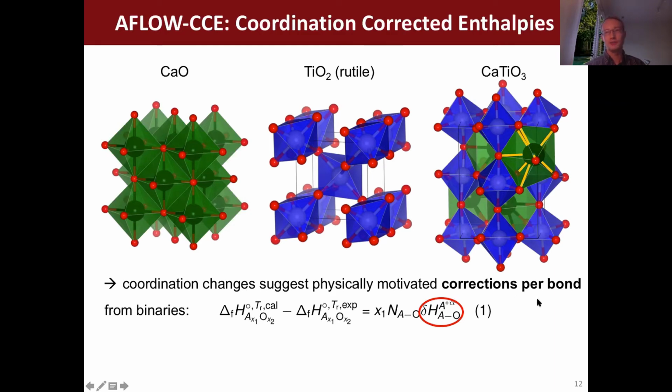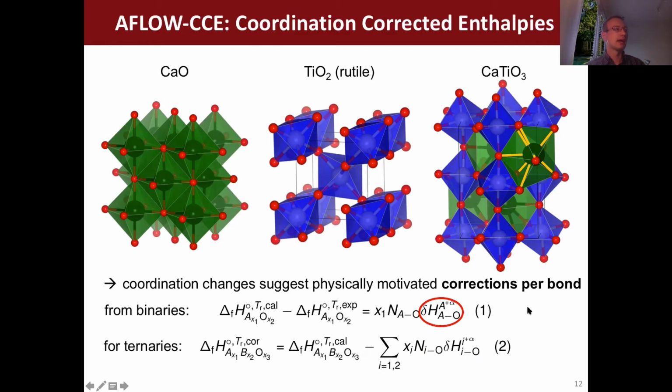And then when we have that from our fit set, we can apply these to calculate coordination corrected enthalpies, again starting from the calculated one for the ternaries, because ternaries are our test set. And then we subtract these corrections by taking care of these corrections per bond.